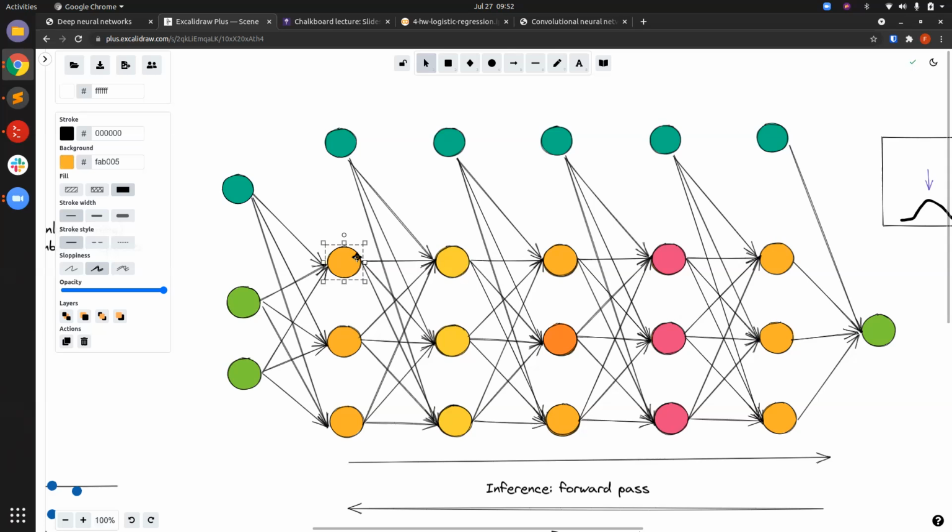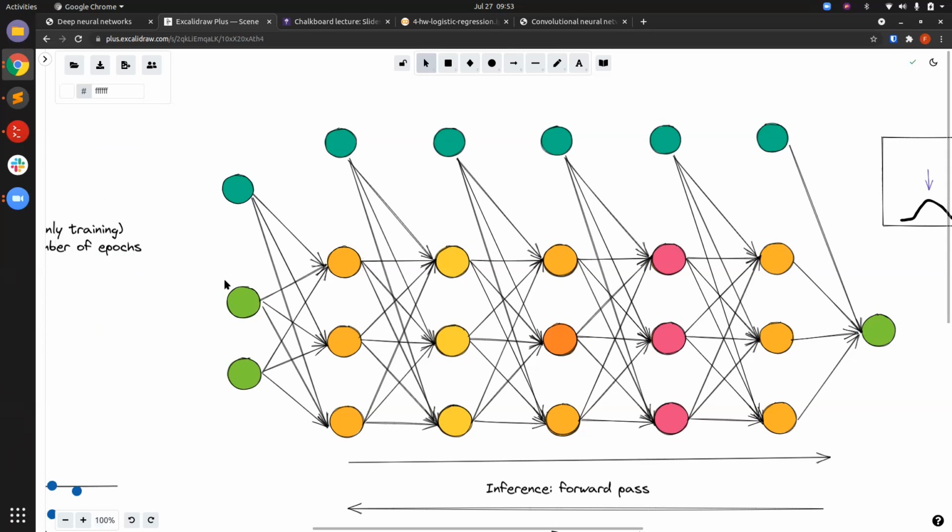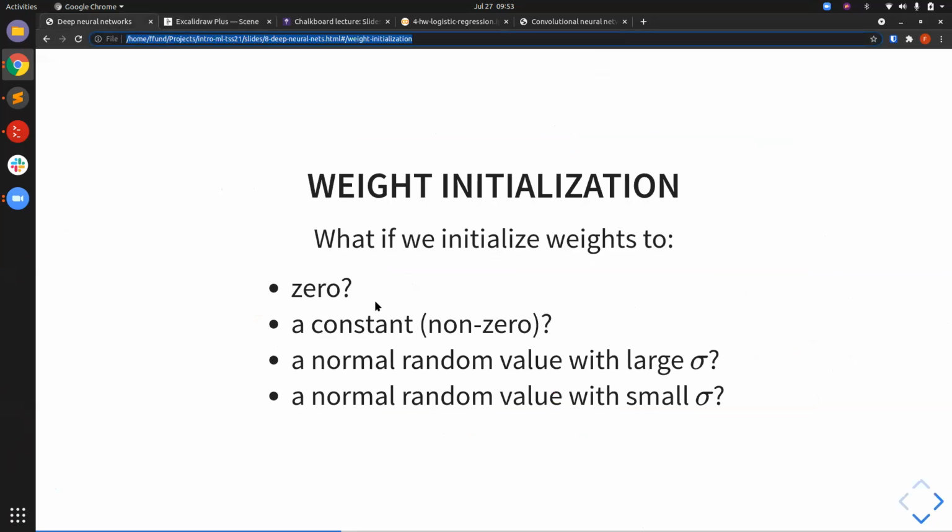The input will be 0.1 plus 0.1. If x1 is 2 and x2 is 0, the input will be 0.2 plus 0.1. So it does see a different input for every different x value. So the constant non-zero value doesn't have the same problem as the zero value.